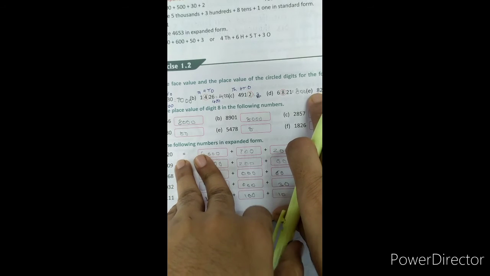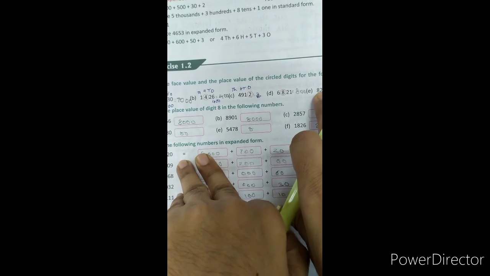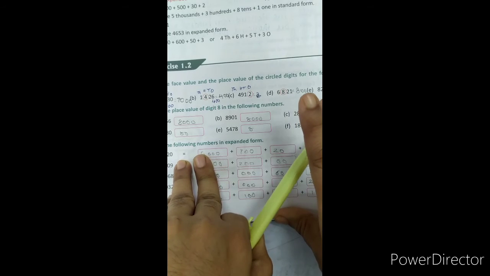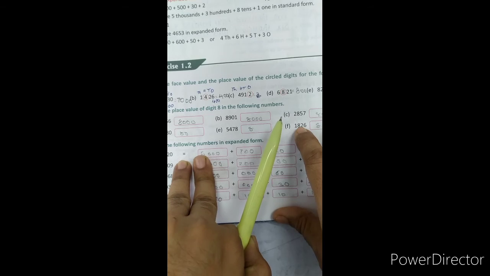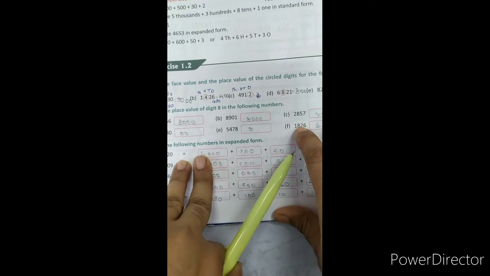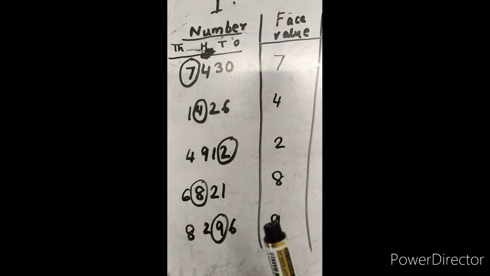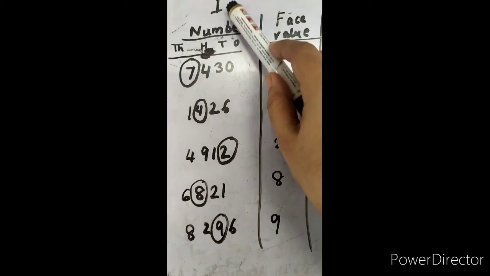So students, we will draw a chart to give you the place value and face value of this number. So please take out your scale and pencil and we will draw a chart. Now you can see question number 1.